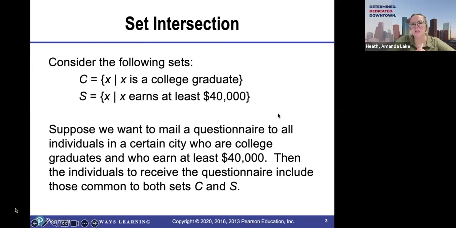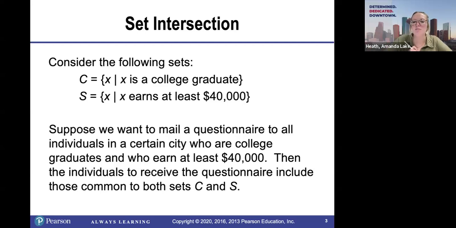All right, so the first operation we're going to talk through today is set intersection. If we think about these two sets, C being the set of X, where X is a college graduate, and S being the set of X, where X earns at least $40,000, we're probably assuming here that the universal set is just all people.